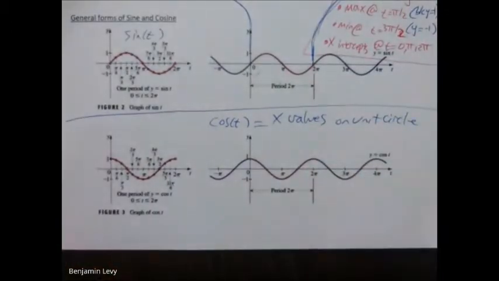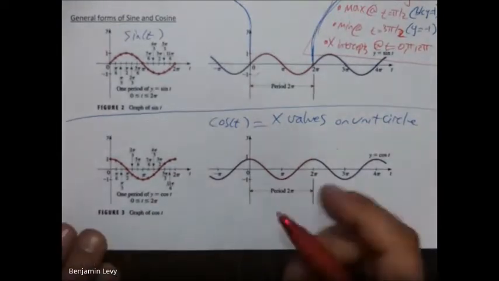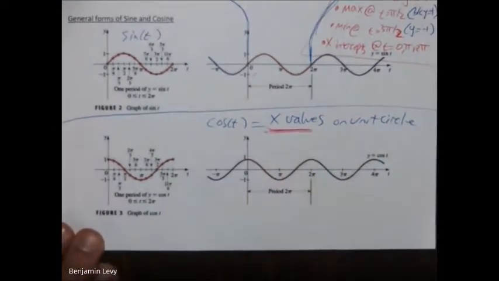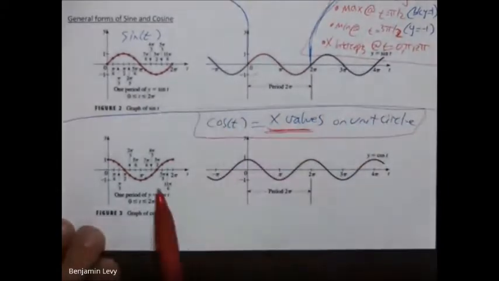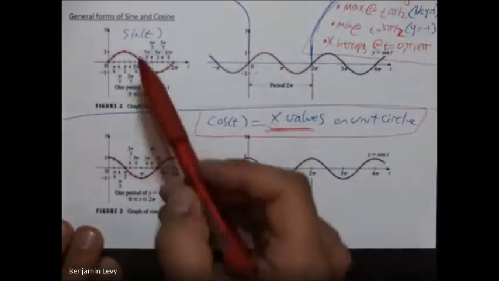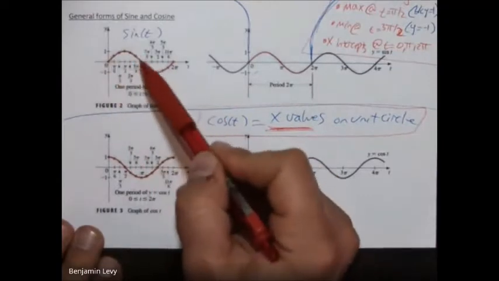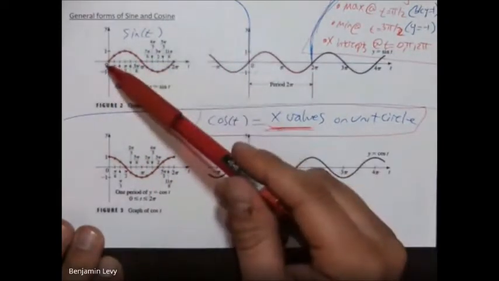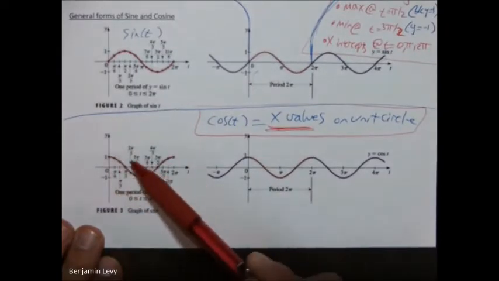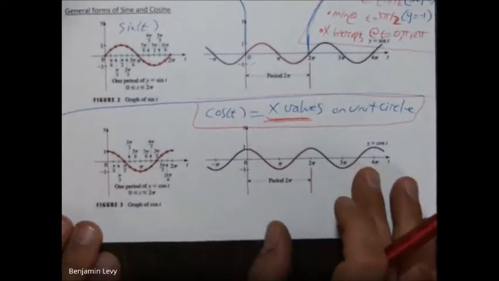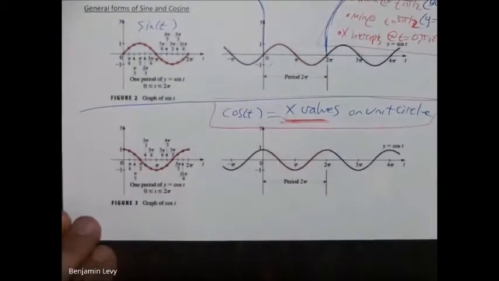Right, so for sine, we were thinking about the y values. Now we're thinking about the x values. That's sort of the key difference here in cosine. And so that's what gives it a different shape, right? Sine had this wavy kind of shape because it was tracing the y values out. But when we trace the x values out, it makes this bowl-shaped kind of thing. And so let's just go through that quickly to hopefully make it clear in our heads.